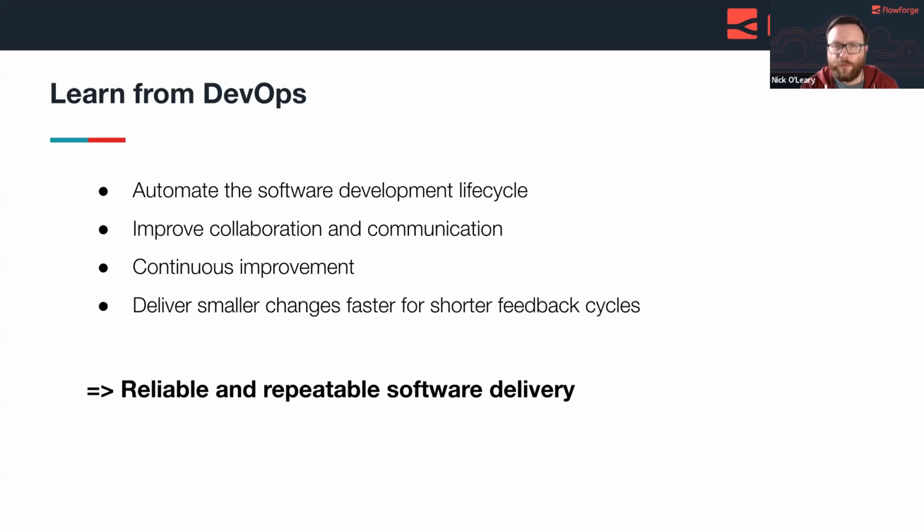We want to improve collaboration, communication in the system. We want to help companies continuously improve their practices around how they build their applications. And we want to try and remove the overhead of what it takes to make a change. So you're not having to copy and paste JSON all over the place, that you can make smaller changes more easily, particularly when you're thinking of the whole sort of DevOps cycle.